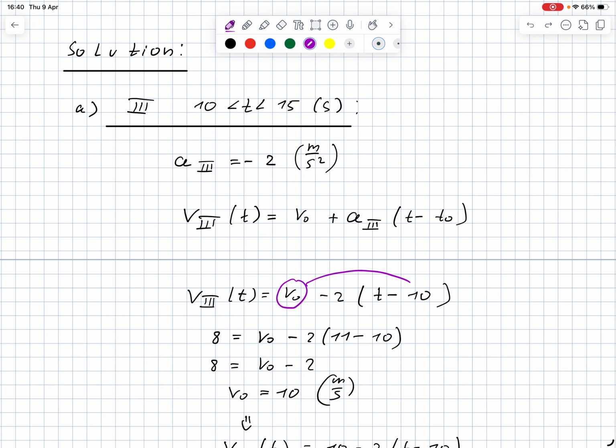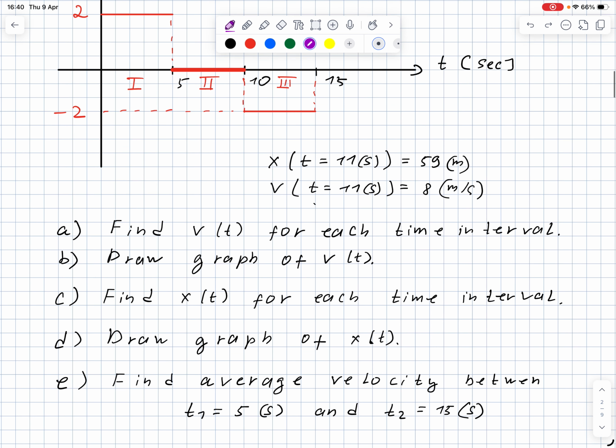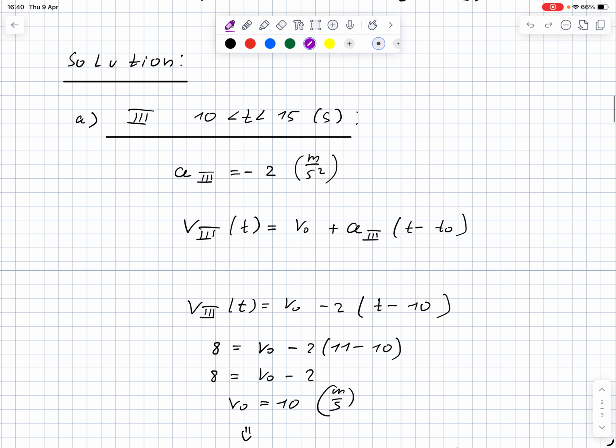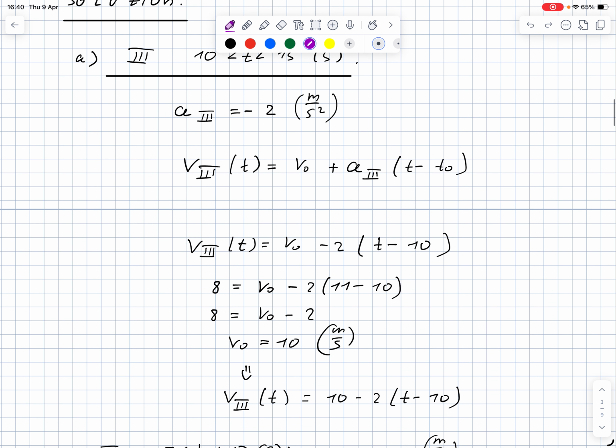However, if I use this information, I think I can find the initial velocity, which means I will substitute the velocity of 8 when time equals 11 seconds. Okay, and 11 minus 10 is 1. 2 times 1 is 2.